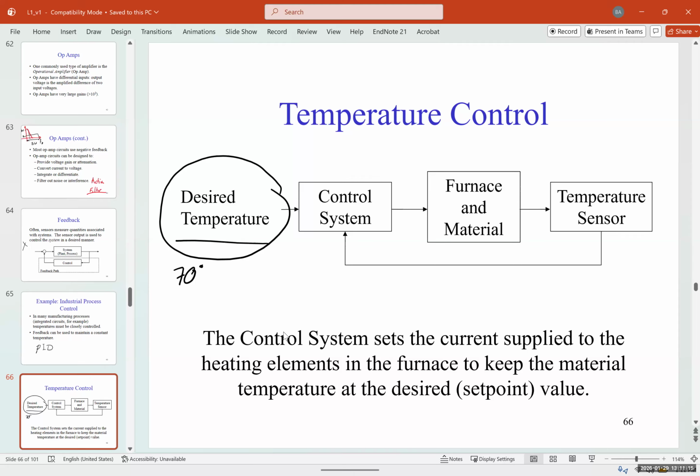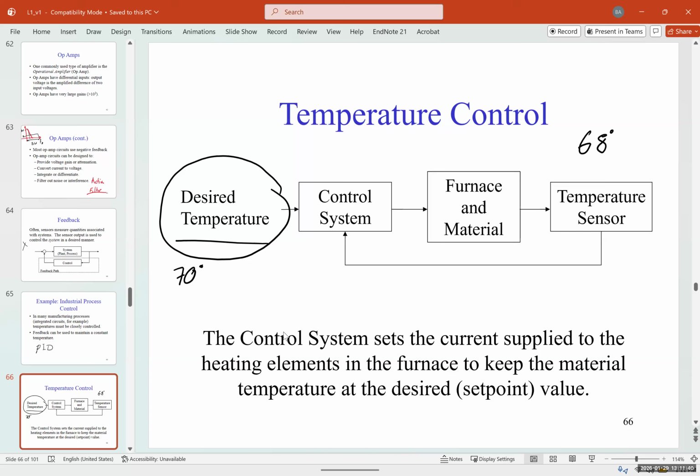That is usually sent to the control system, which is our thermostat. We have a sensor here that measures the temperature of the house. And let's say the temperature of the house is 68 degrees Fahrenheit, and our desired temperature is 70 degrees.